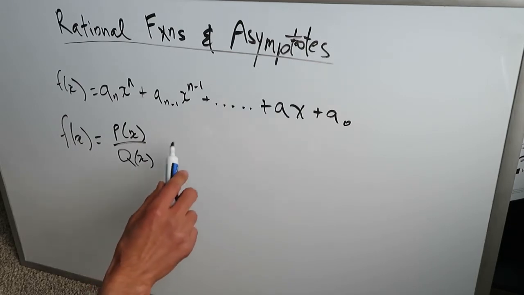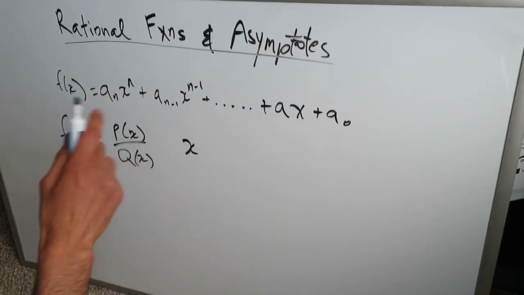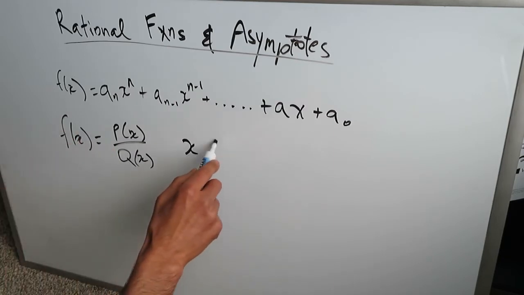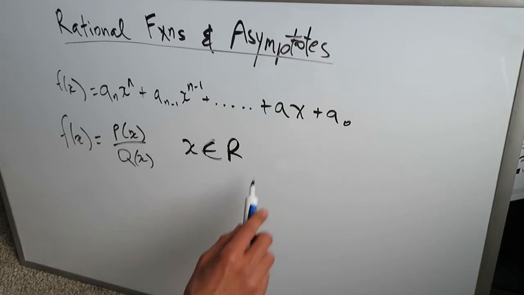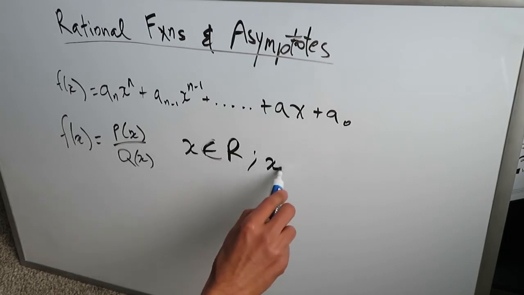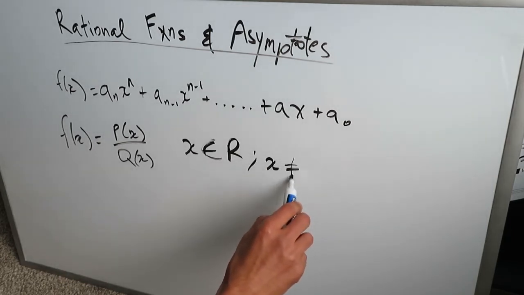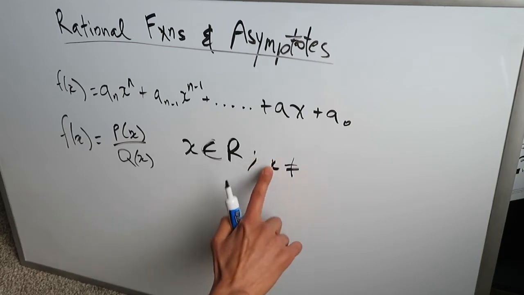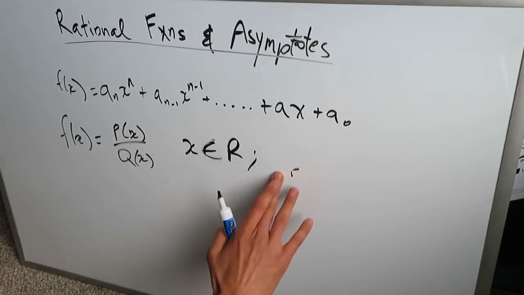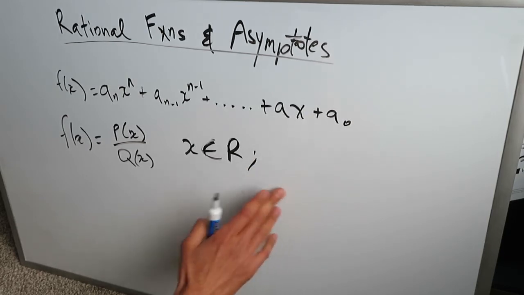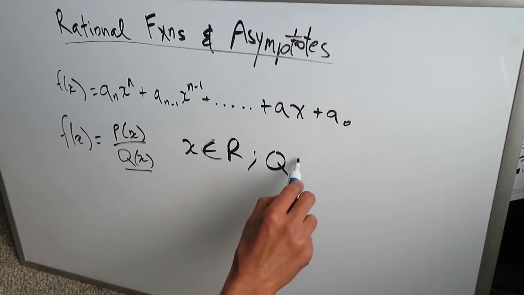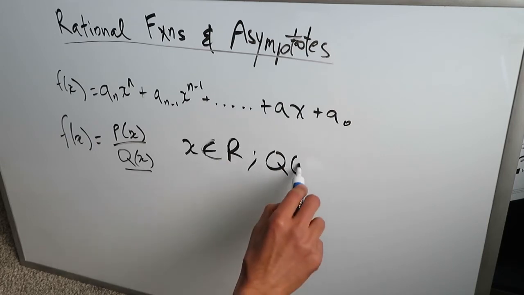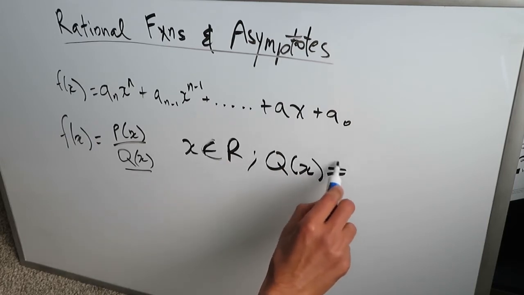And remember, the domain in general for any rational function is always, unless otherwise stated, x is an element of all real numbers, except in those instances where the denominator polynomial leads to a 0.